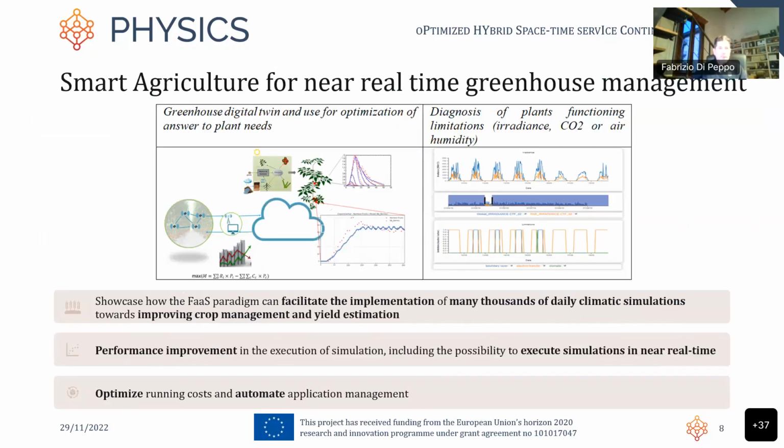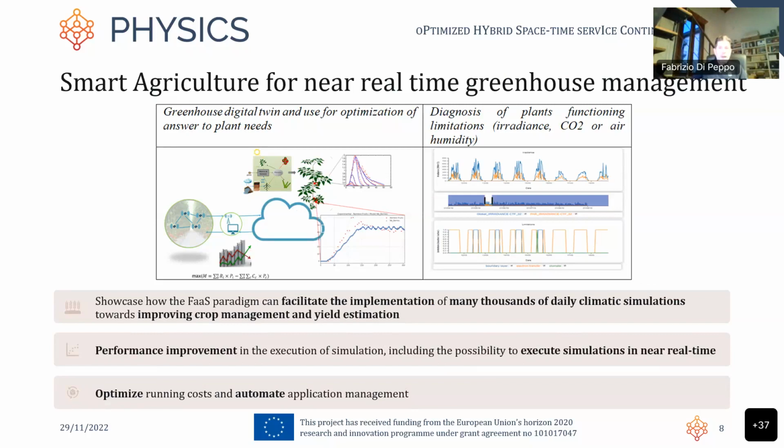Let's talk a little bit about the 3 pilots that are planned for this project. The first pilot is related to smart agriculture for near real-time greenhouse management. The pilot addresses the following items.